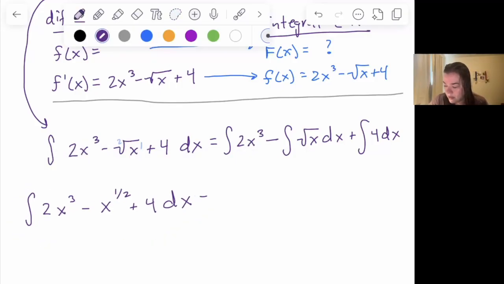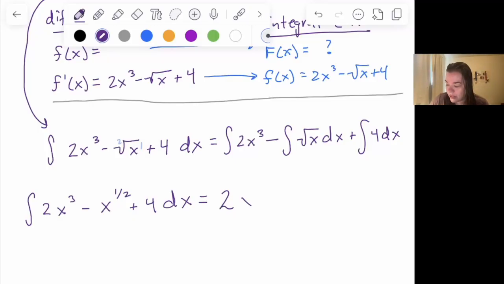So this term equals here, focusing on one term at a time. I'm going to look at 2x to the third. The constant multiplier rule tells me the 2 comes along for the ride because it's multiplying the x to the third. And now I'm going to apply the power rule on the x to the third term.